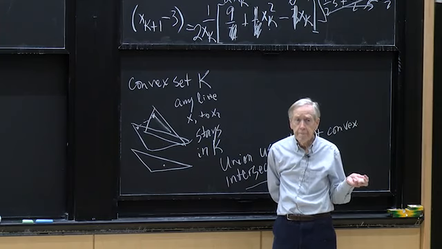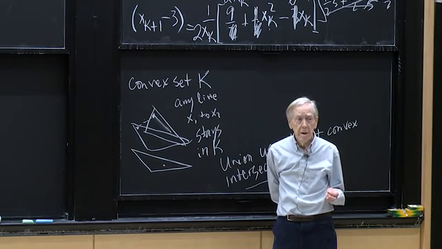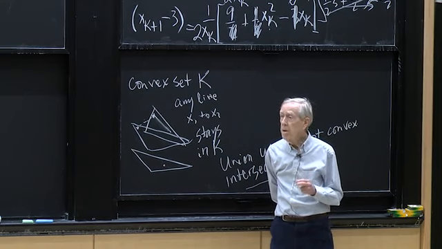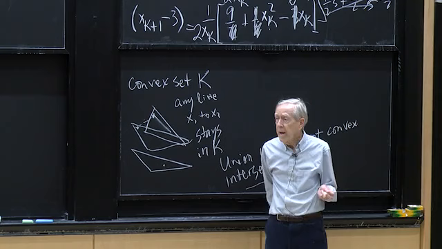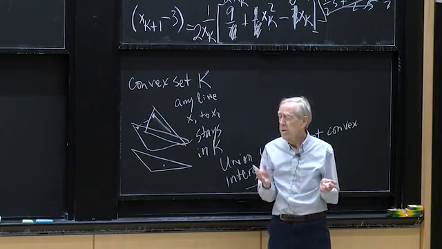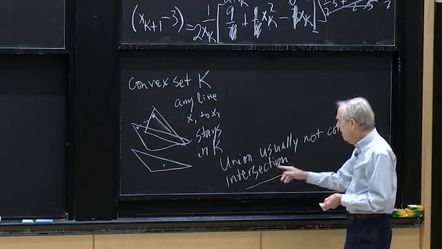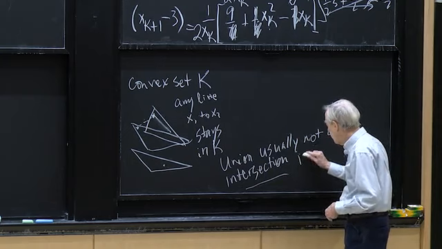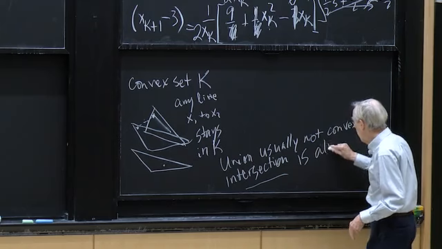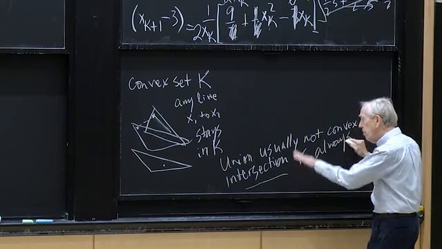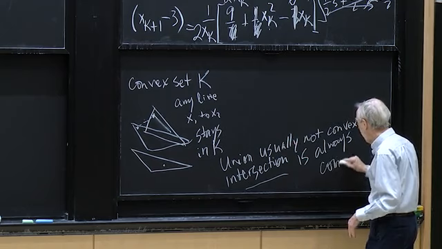It's empty. So should we regard the empty set as a convex set? Yes, it's vacuous. It hasn't got any problems, right? Okay. But now, is the intersection always convex, assuming the two sets that we start with are?